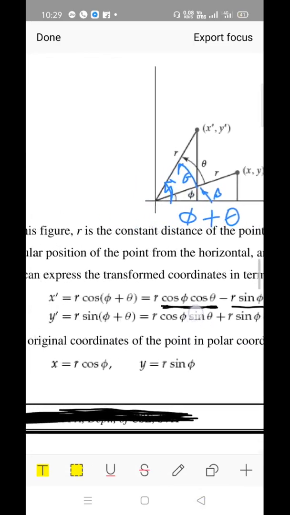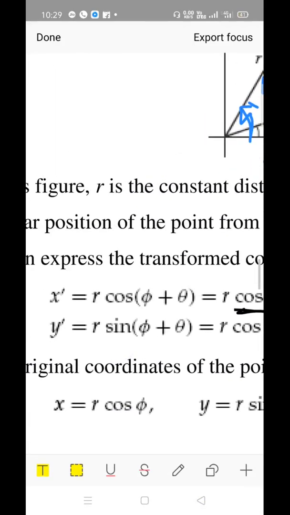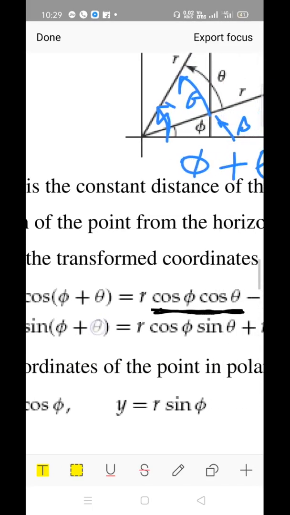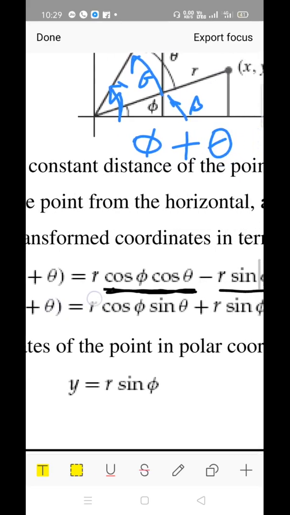Then similarly y dash can be obtained as r sin of phi plus theta. So r into, it is in the form of sine of a plus b. What is sine of a plus b? Sine of a plus b is sin a cos b plus cos a sin b, isn't it?